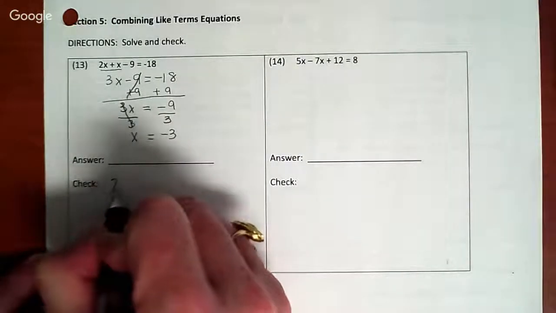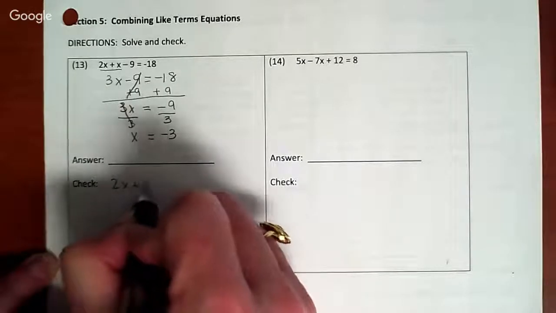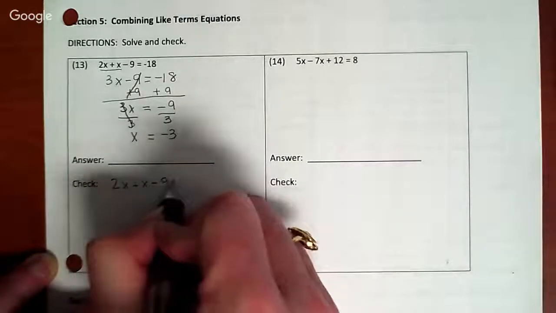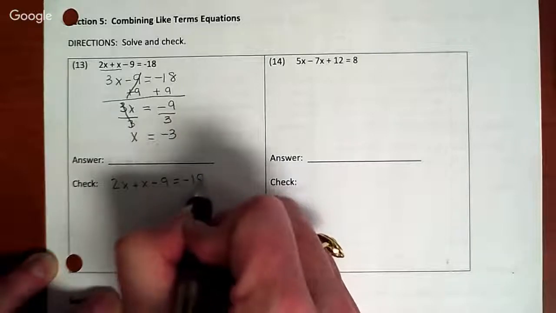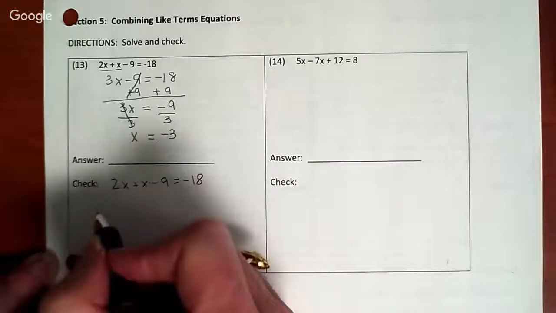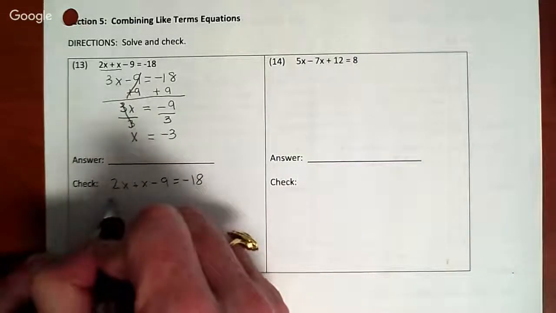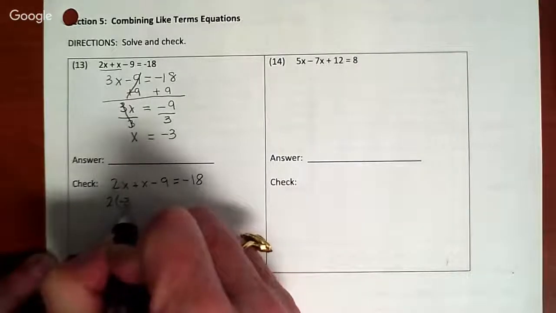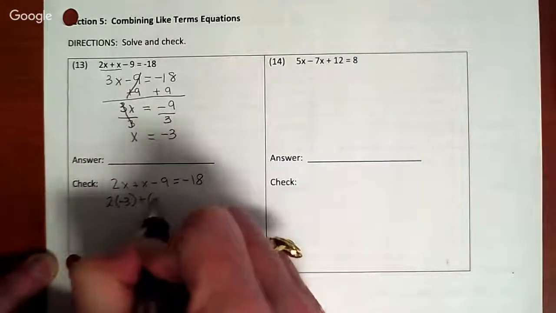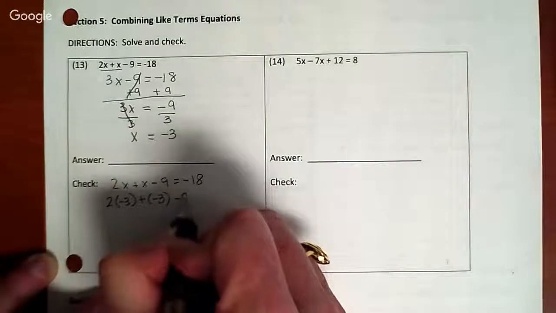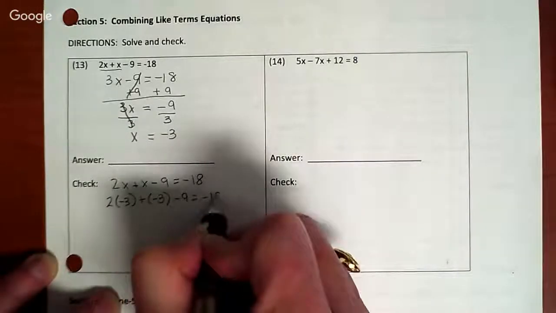To check it, we have 2x plus x minus 9 equals negative 18. Always go back to your original equation, ladies and gentlemen. So we have 2 times negative 3 plus negative 3 minus 9 equals negative 18.